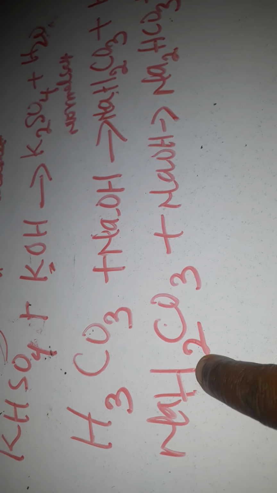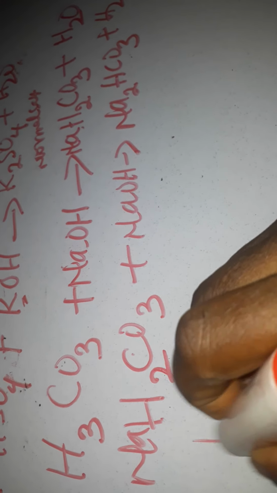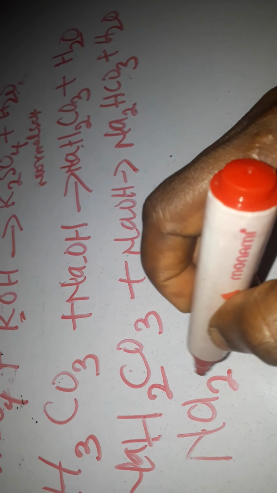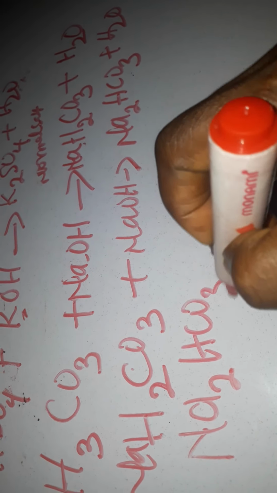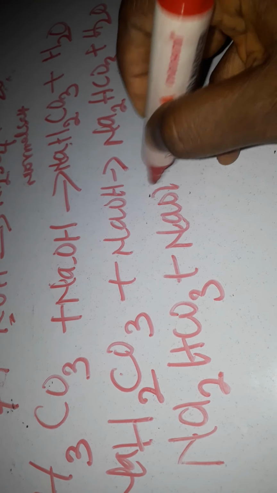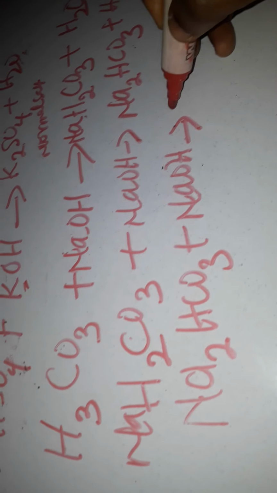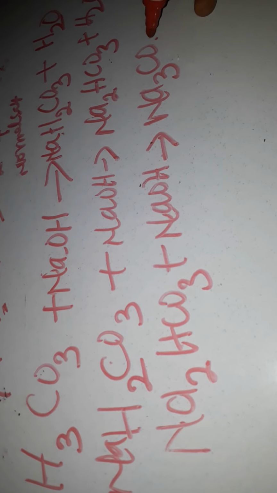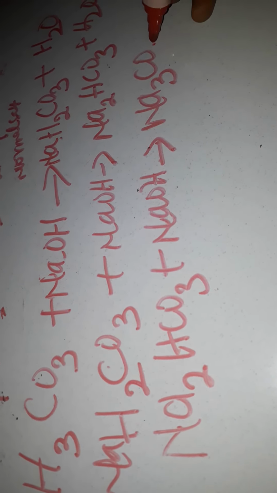You can see sodium is now 2. 1 hydrogen has been replaced again, and this can still react together again with another base to give you Na3CO. Oh, this is a mistake.